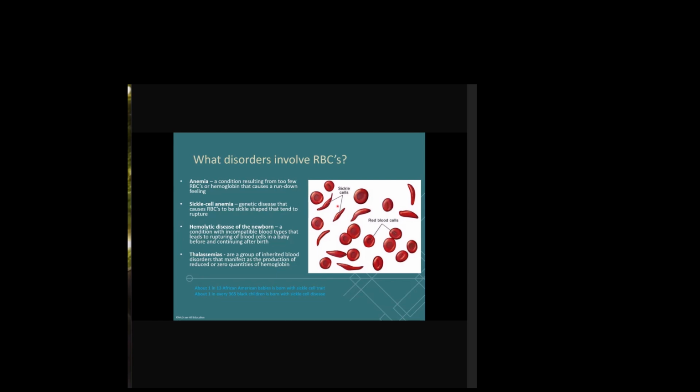But those that are carriers are able to survive in these areas, where malaria is a condition that gives people chills, fevers, and can kill them. People who are carriers of this sickle cell don't have any problem with that.